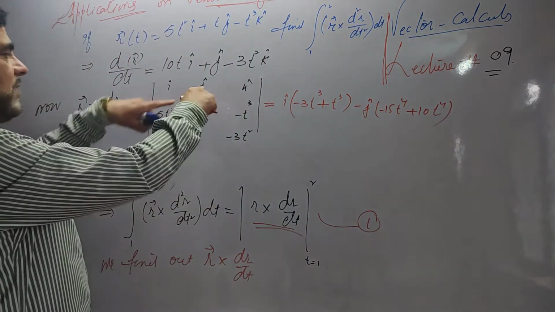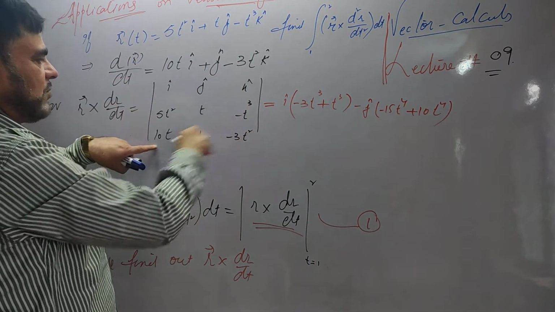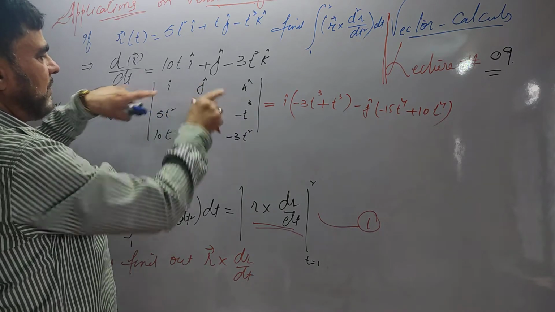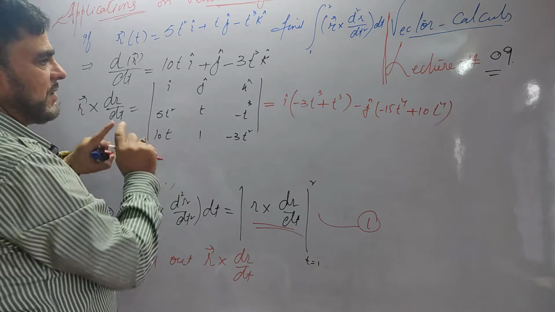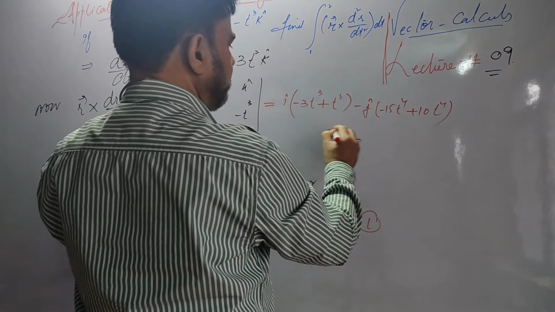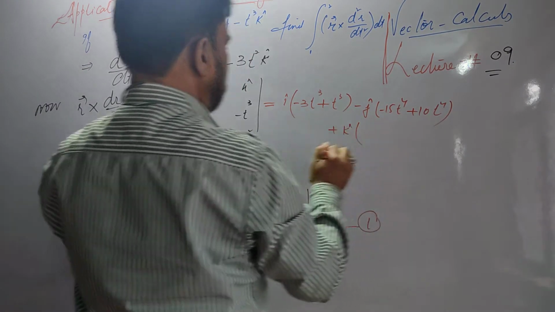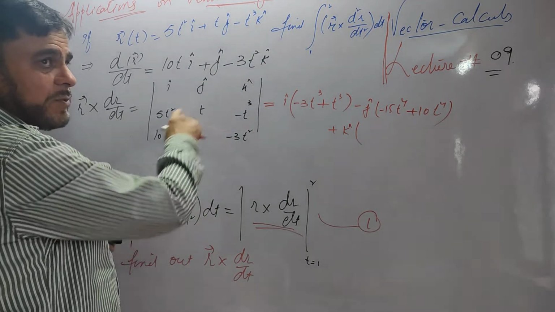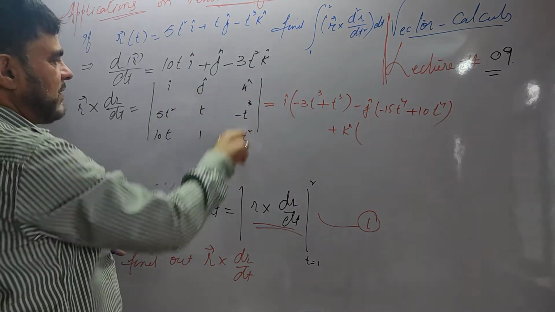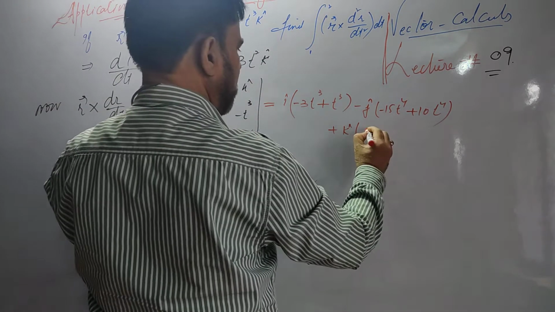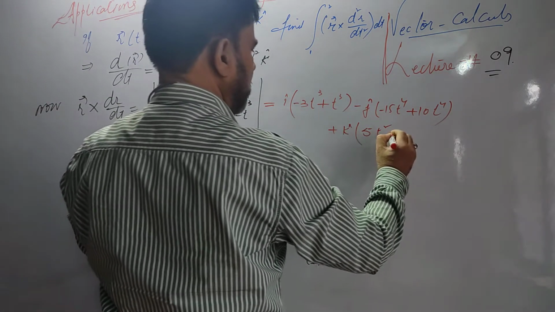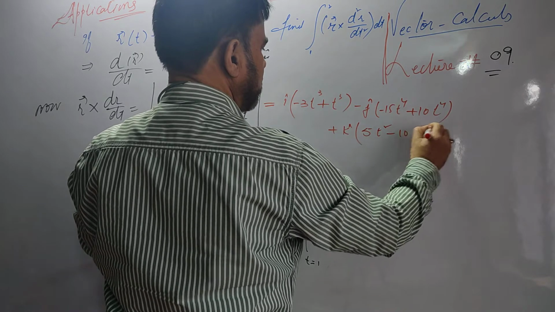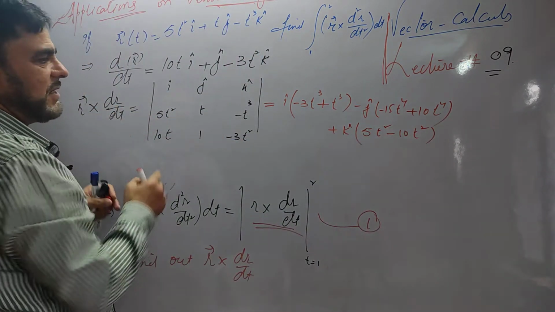Am I doing right? Yes, it is okay. Then plus k, deleting the row and column in which k lies, 5t square minus 10t square.